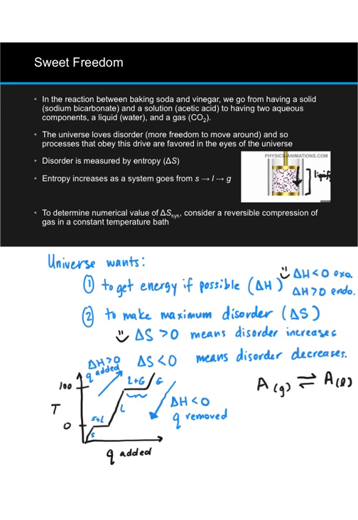It takes the same amount of heat energy in a constant temperature bath to go this way along this flat line between liquid and gas as it takes to go in the opposite direction from right to left.